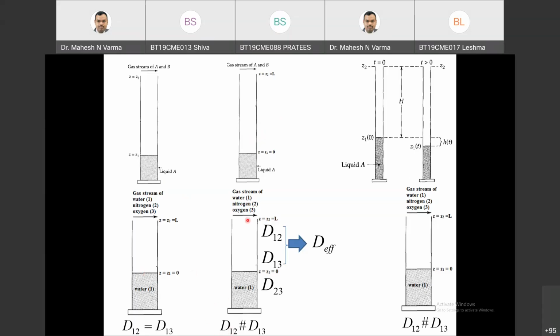Then the real problem comes when the diffusivity of water in nitrogen is not equal to the diffusivity of water in oxygen. How do we handle the problem? We have seen two ways.